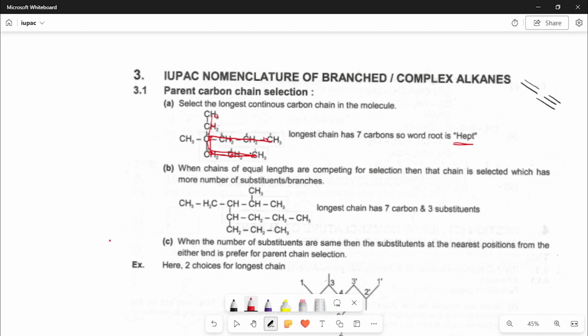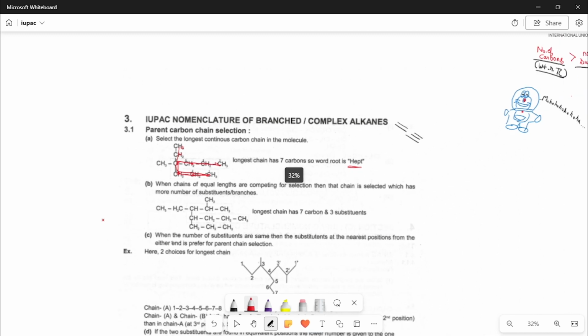When chains of equal length are competing for selection, the chain selected is the one which has the more number of substituents or branches. So it goes on to the second rule, number of substituents.